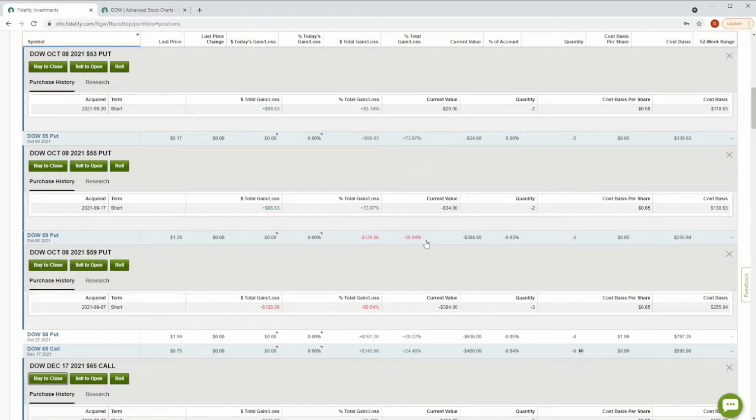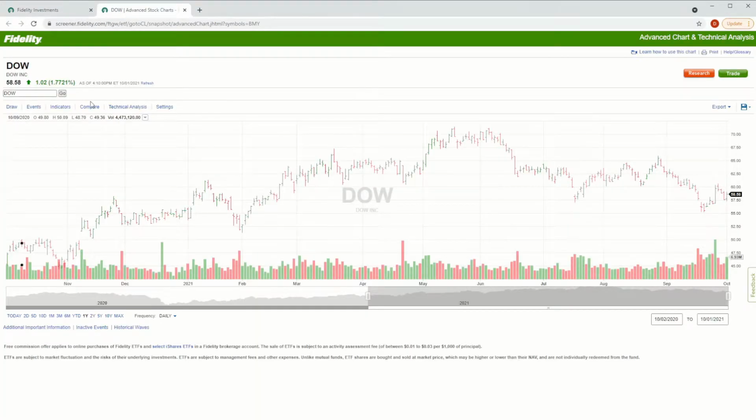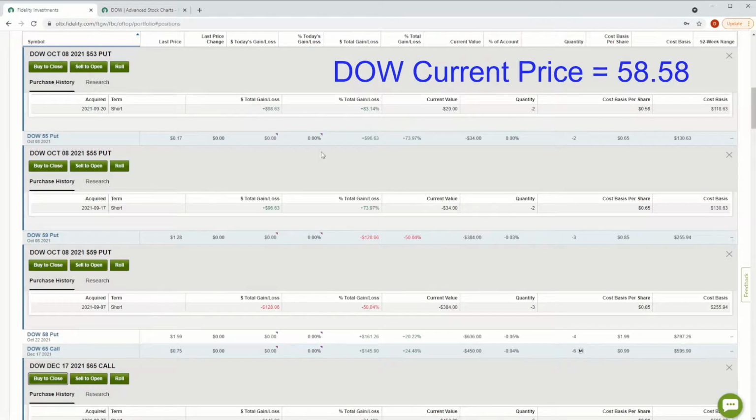Now, where these stand right now is based off this price, obviously, and time and IV, or implied volatility. So right now we're at $58.58. These two are still what we call out of the money, right?